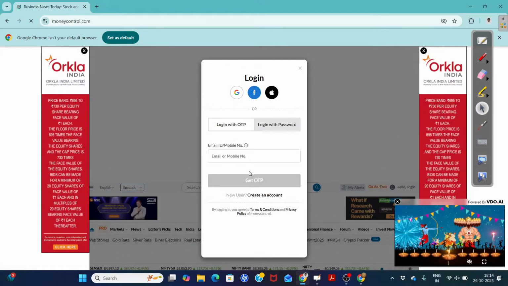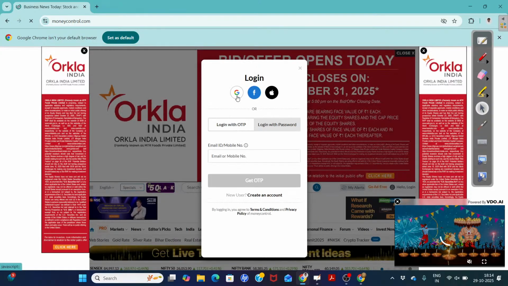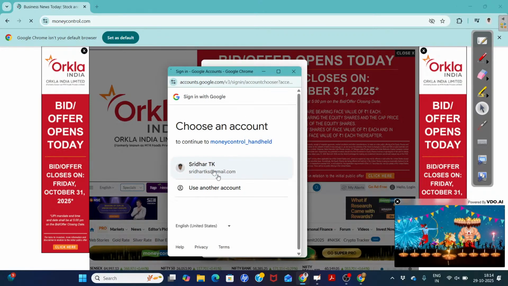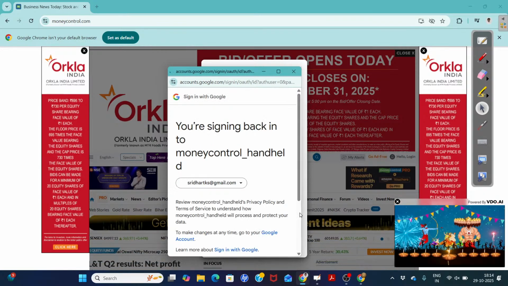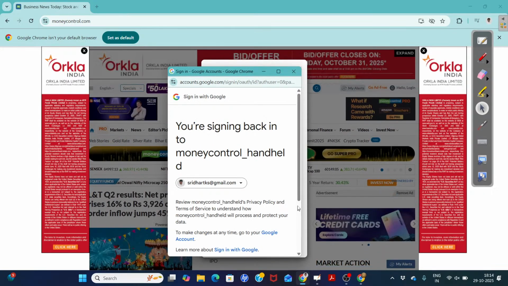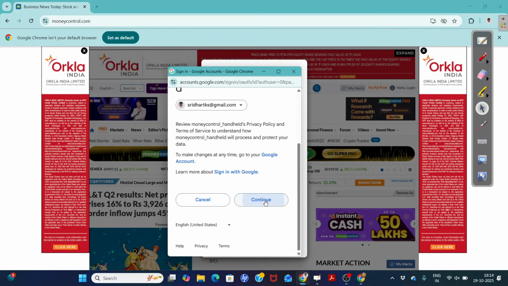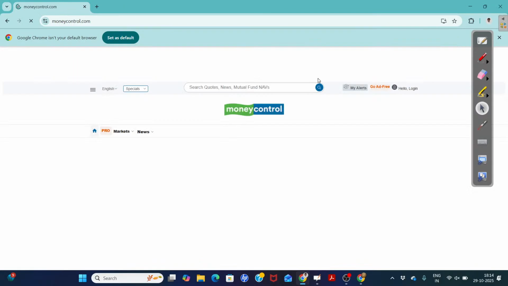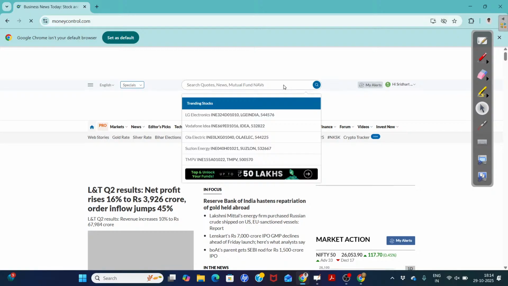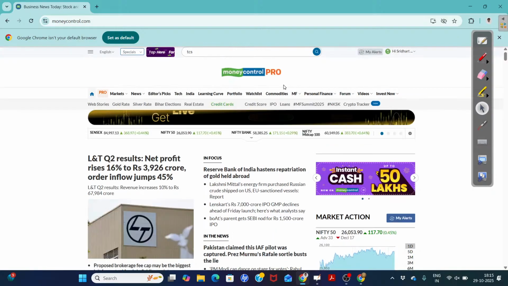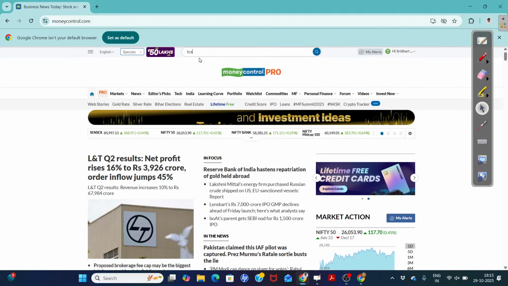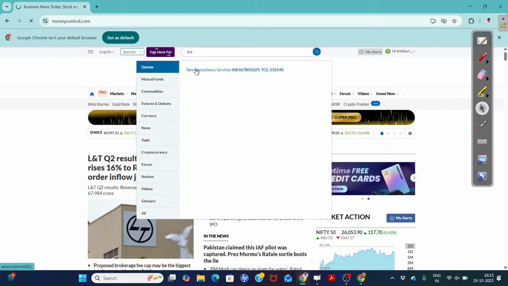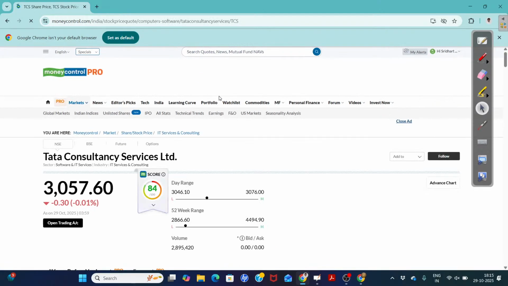Now, let's see. Any shares, we'll start with the TCS company shares now. Tata Consultancy Service.